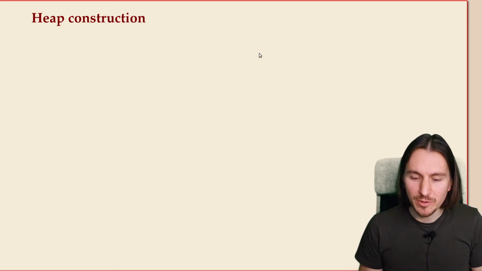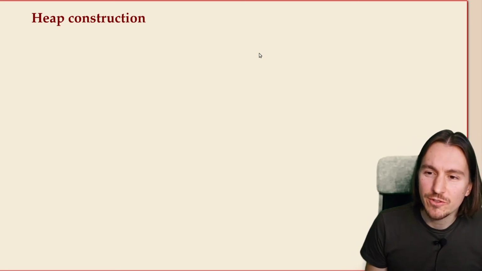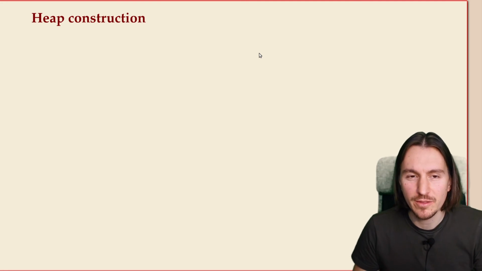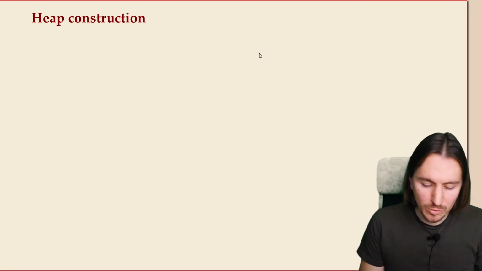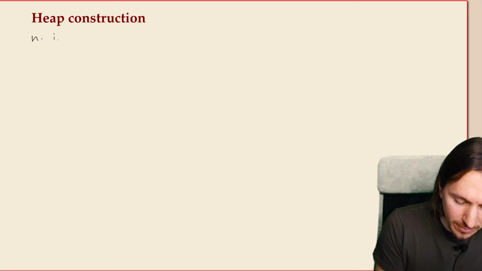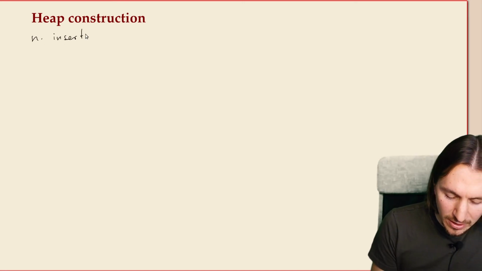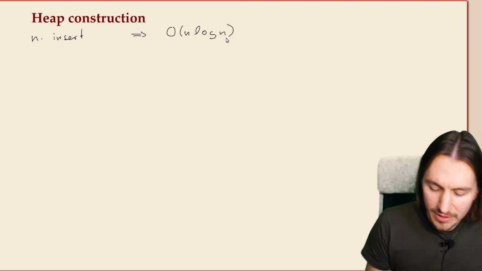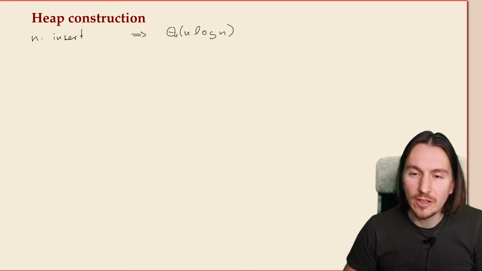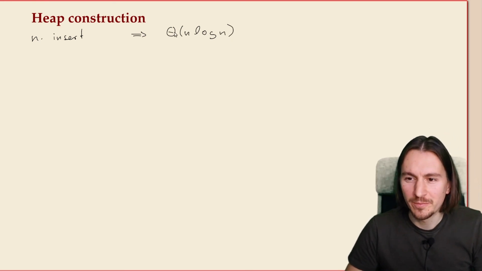The last operation I want to discuss is how to construct a heap when we start with a given set of elements. And well, we could do n times insert. But if you analyze this, the total time would be n log n overall time.